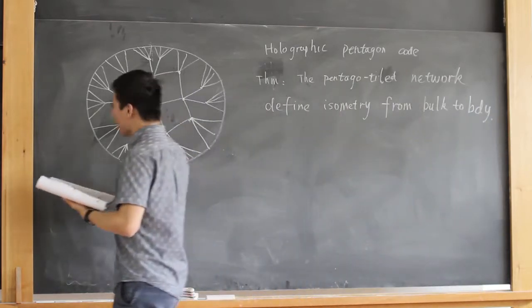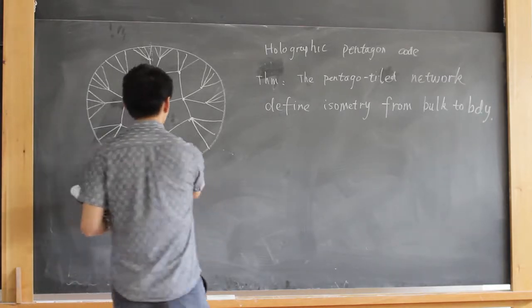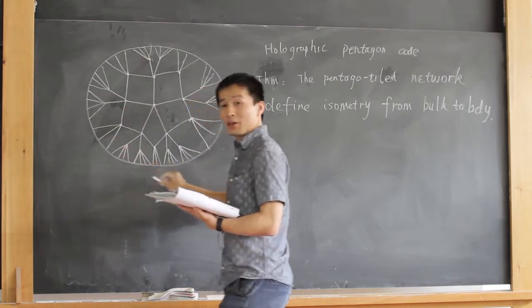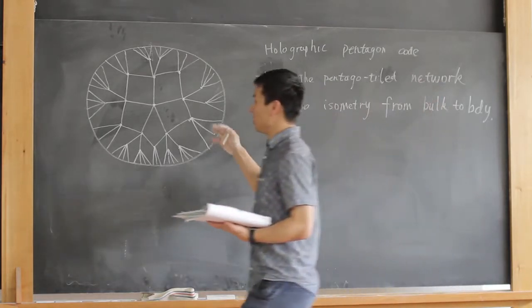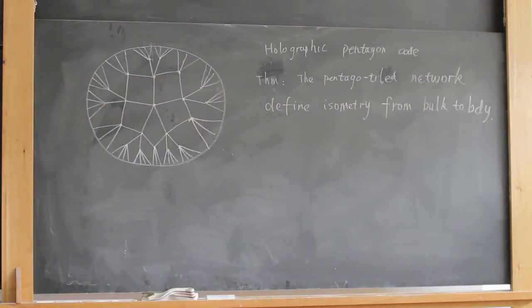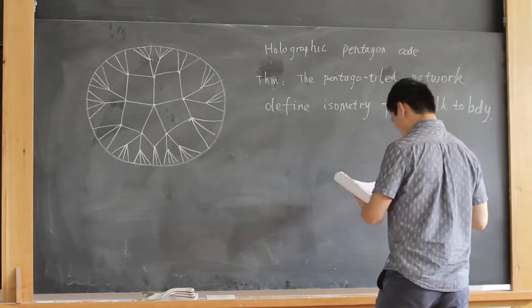So all the bulk points have one dangling leg coming out, and we have a larger number of boundary points. We should think of this in the same way as a more complicated version of that. And this defines an isometry just as in the simpler example.